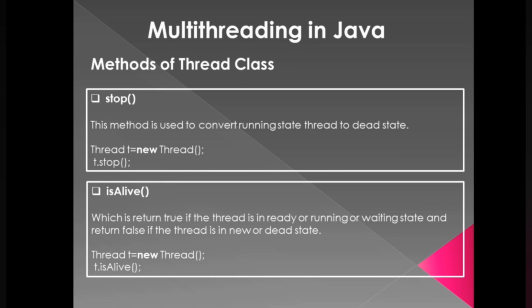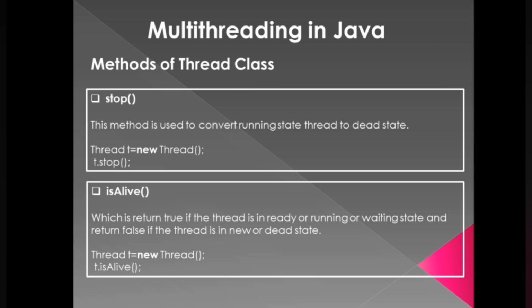Here we have the stop method. This method is used to convert a running state thread to dead state. Here is the example: Thread t = new Thread(); t.stop(). The isAlive method returns true if the thread is in ready, running, or waiting state and returns false if the thread is in new or dead state.